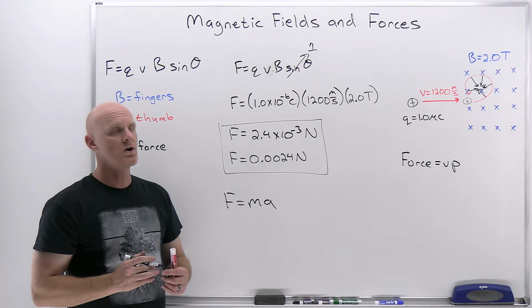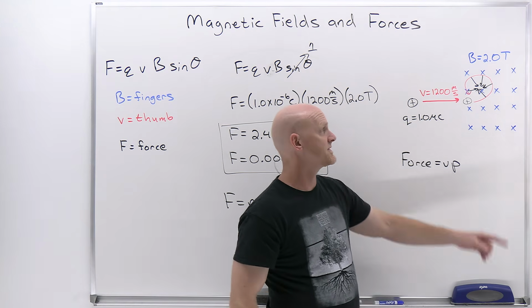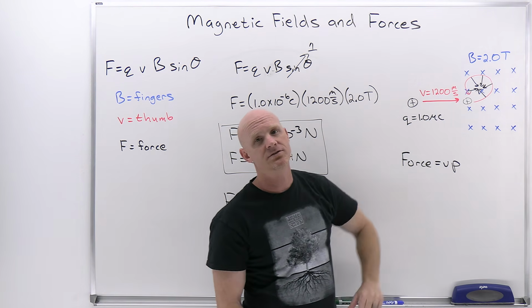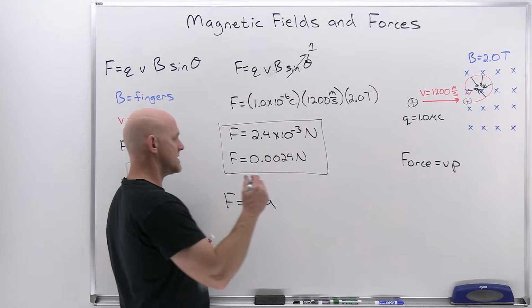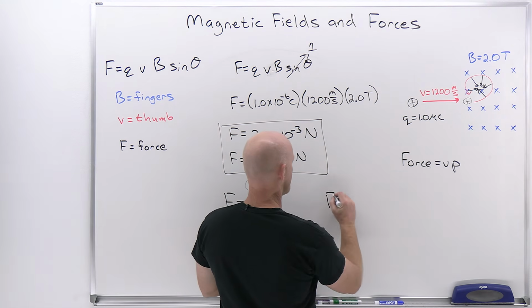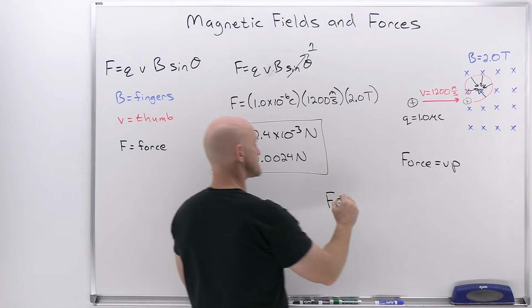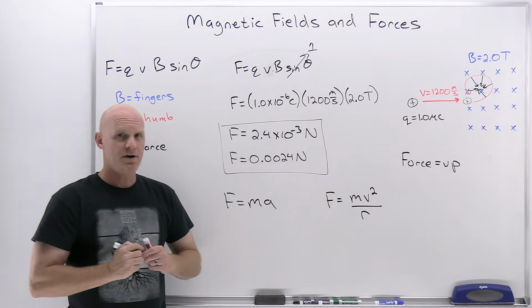The other way it could go is it might once again give you the mass of the particle and ask, what's the radius of the circular motion after it enters the region with the magnetic field? Well, in that case, you'd want to say, sum of the forces, instead of equaling ma, when there's circular motion, it equals the centripetal force of mv squared over r, as you might recall.